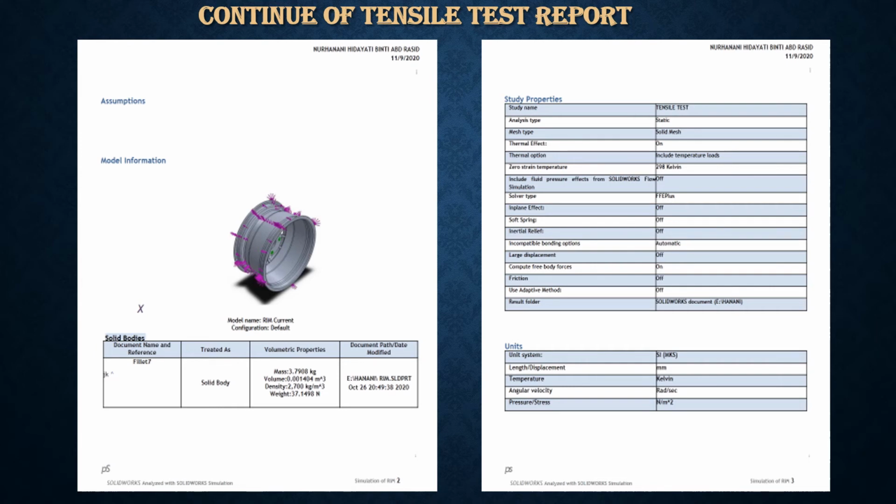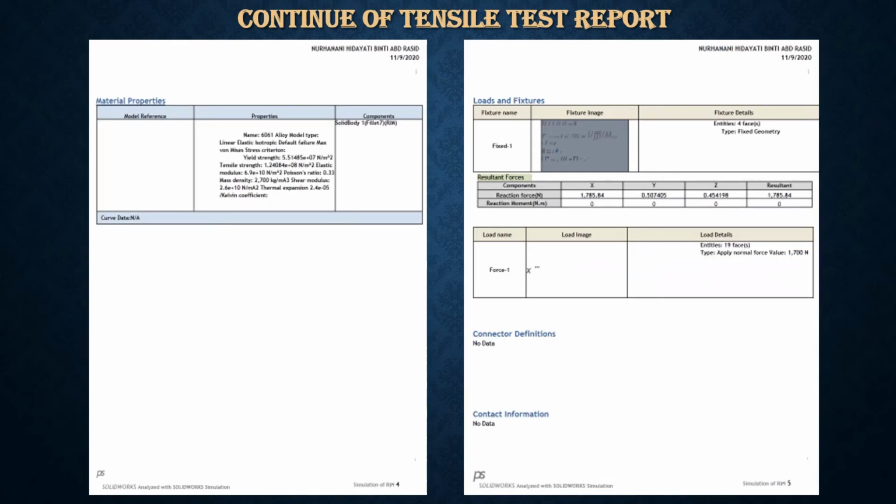Continuing the tensile test report. For this one, we can get the study properties, the units, and then the material properties. I use alloy 6061, so the properties are stated as this one, and then the loads and fixtures that I use.